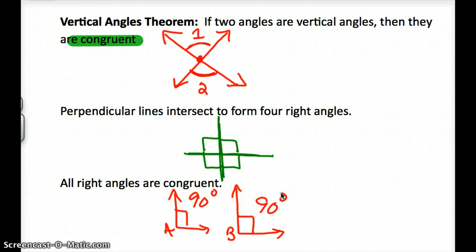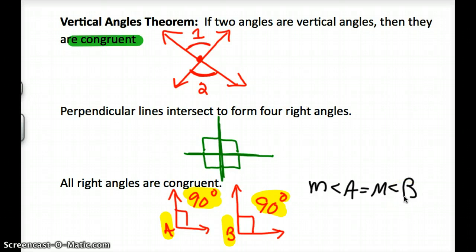Well, if A and B are 90 degrees, then the measure of angle A is equal to the measure of angle B. And if A and B are equal, then A and B are going to be congruent. So I've done like a paragraph proof there. I've explained how that statement is arrived at.